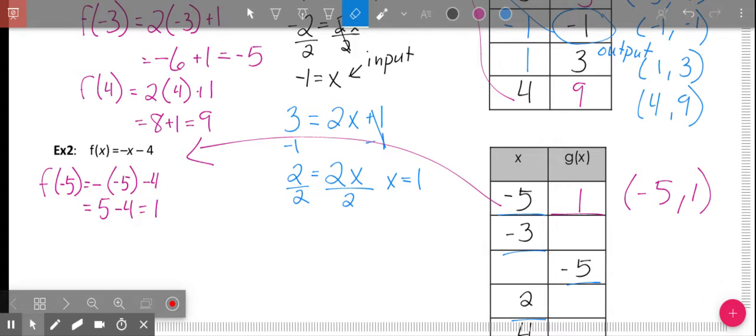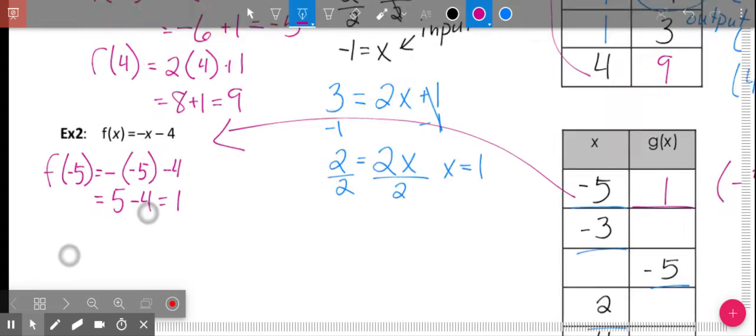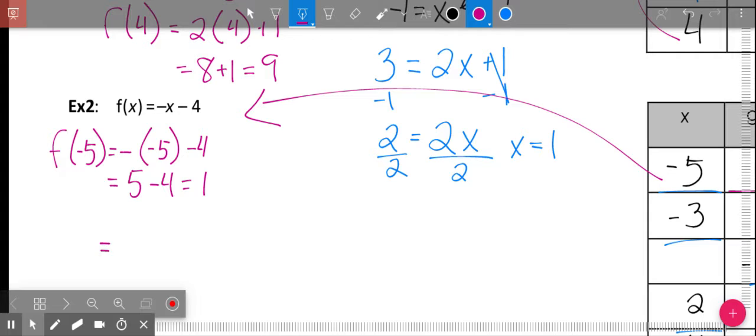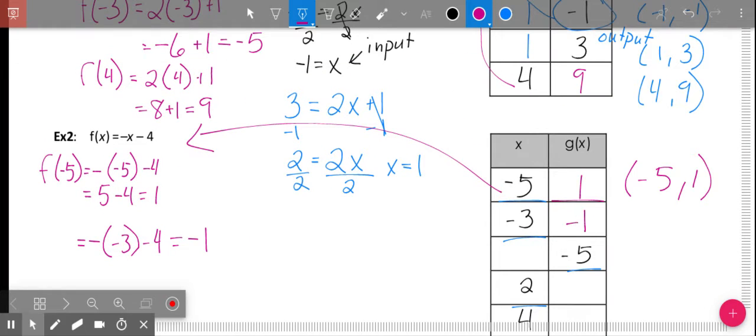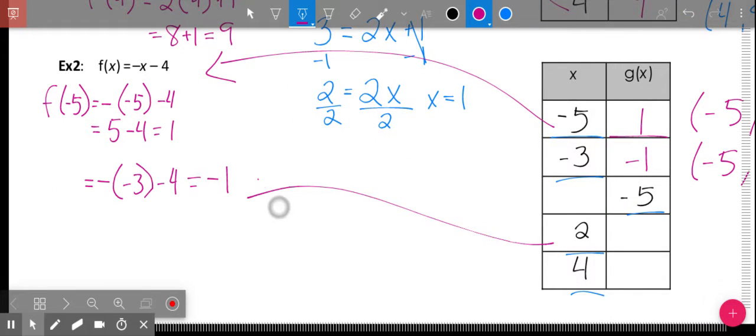Do the same thing for -3. We'll have negative and then -3 minus 4. Well, the negatives make that a +3 minus 4 gives me -1. So I have an output of -1. The next one that we have is the 2. So we're going to plug in the 2.